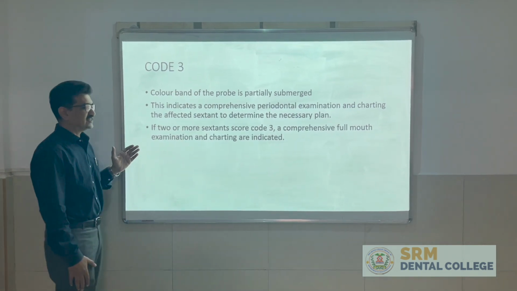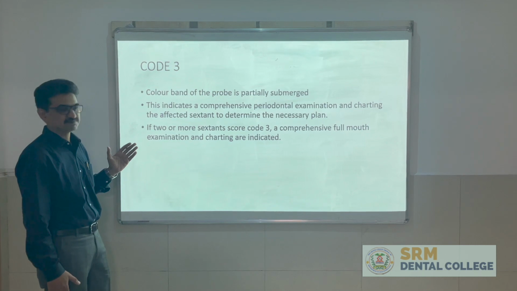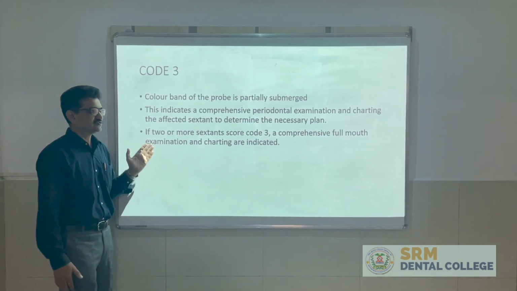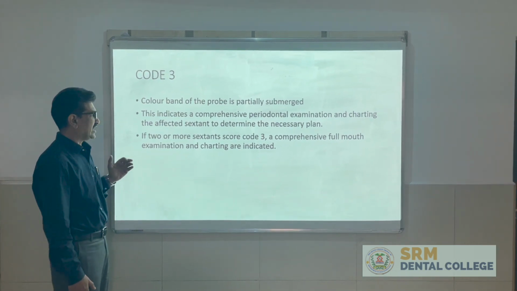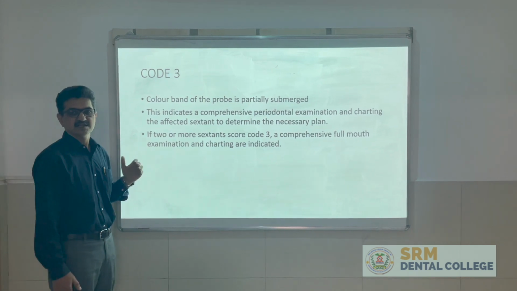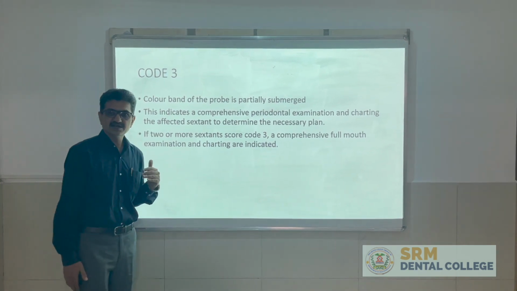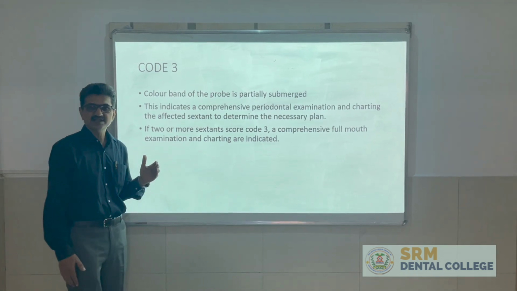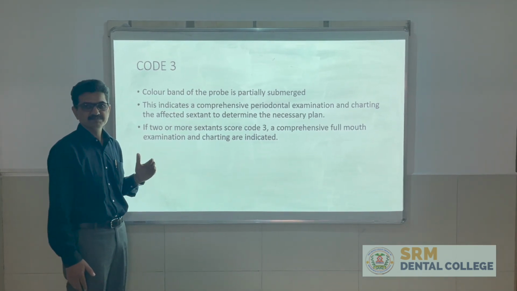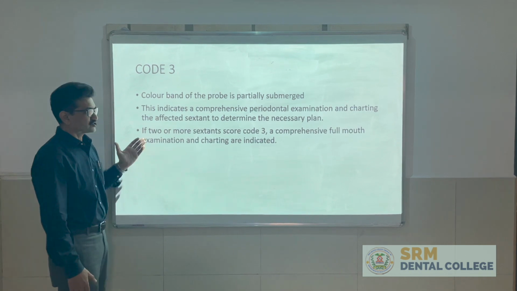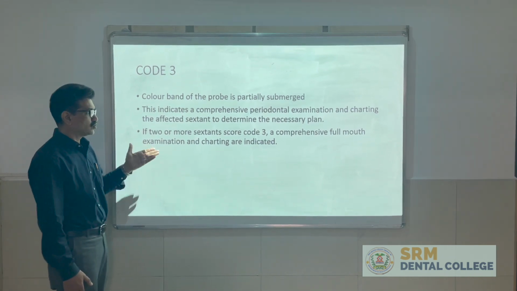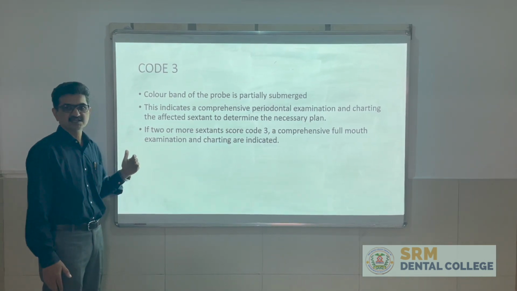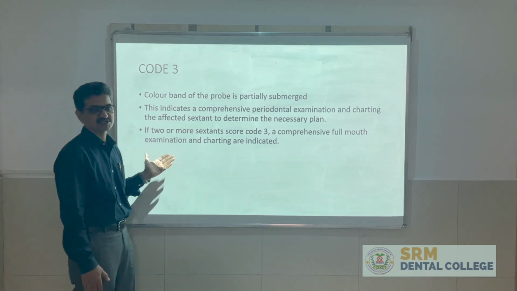If there is a partially submerged band, then we have to do a periodontal examination and charting of the affected sextant. If there are more than two sextants with code 3, the entire mouth should go for a comprehensive full mouth examination and charting.